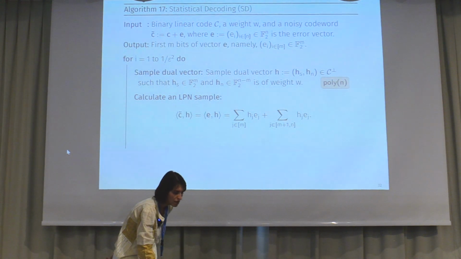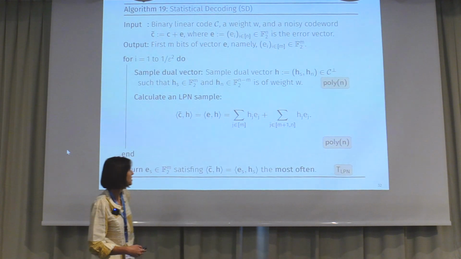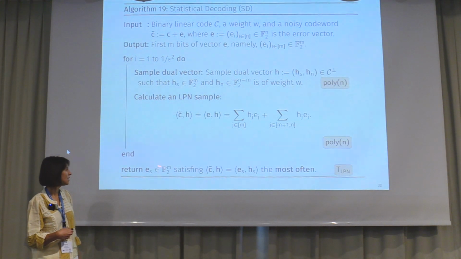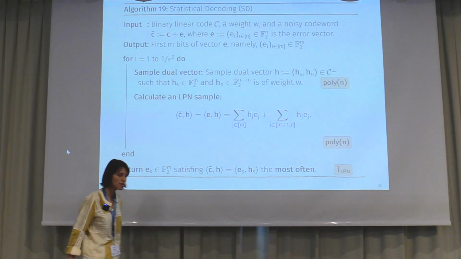And this can also be done in time that is polynomial in n. And what we obtain that way is basically an instance of the LPN problem that we can then try to solve to obtain the first m positions of our error vector. Okay? This is the basic approach.